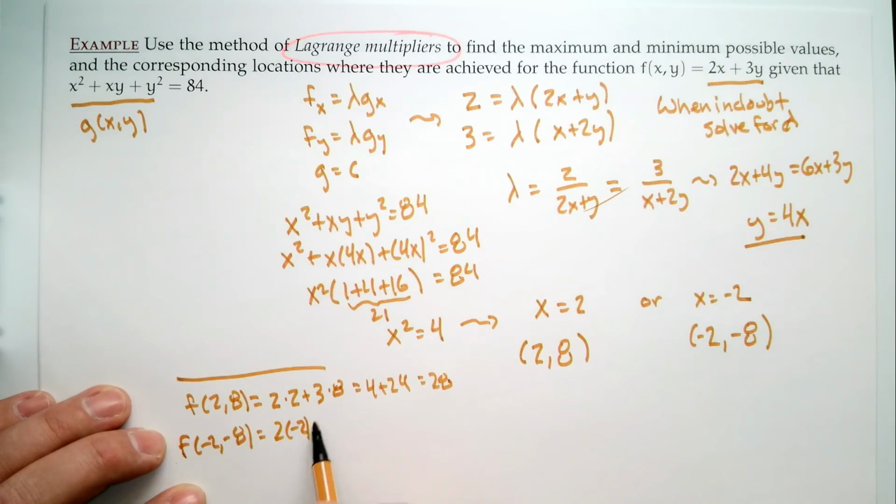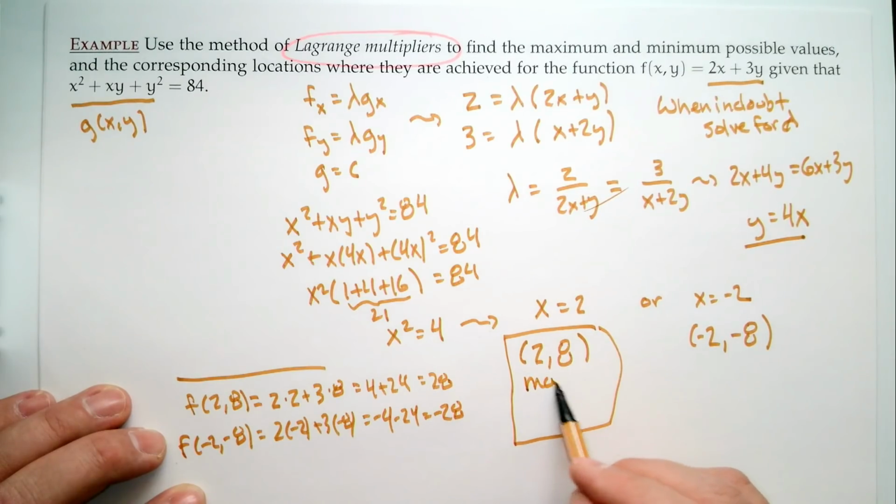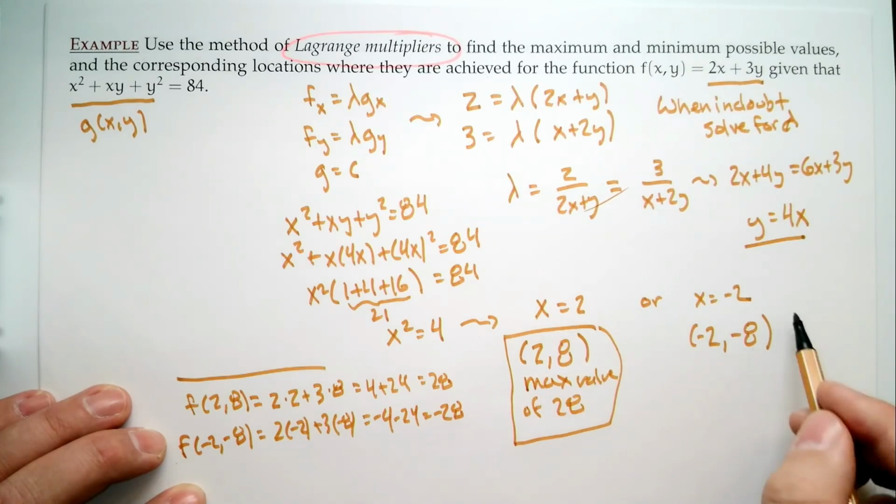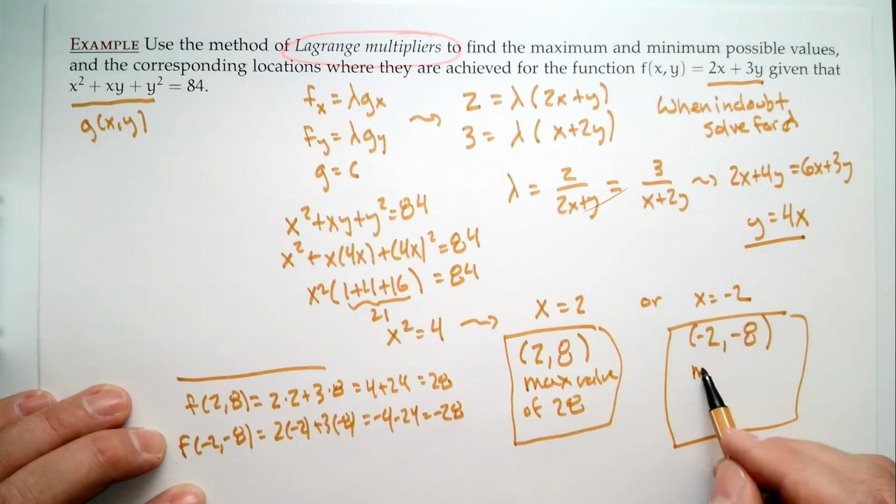In fact, the only thing that changes is now everything has a negative sign. So what will come out is we're going to have negative 28 at the end. So this point, this is going to be the max value of 28. And this point here is going to have a min value of negative 28.